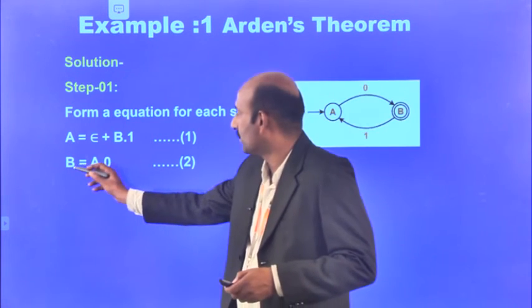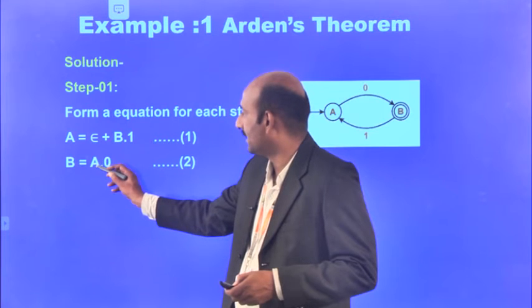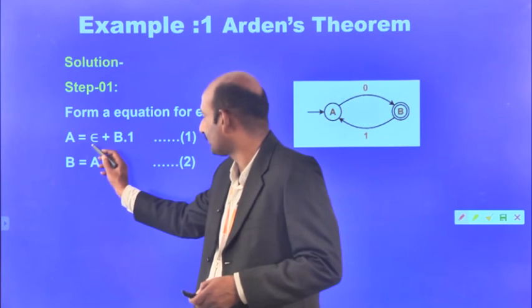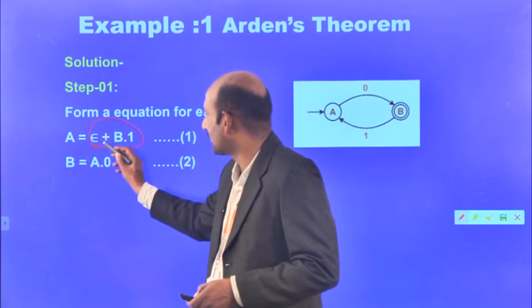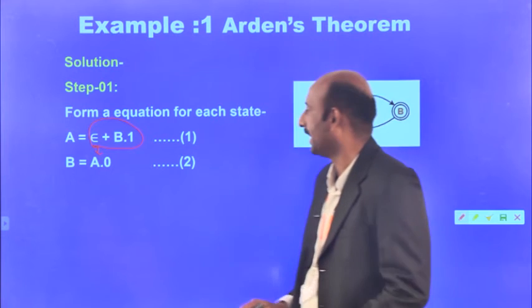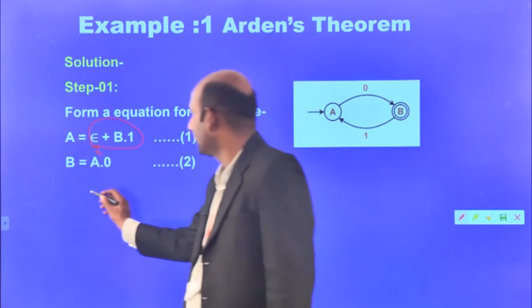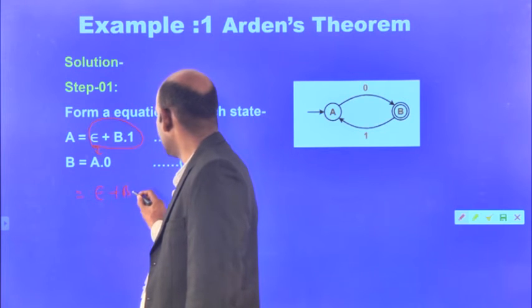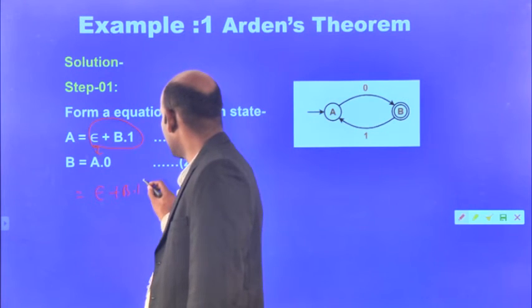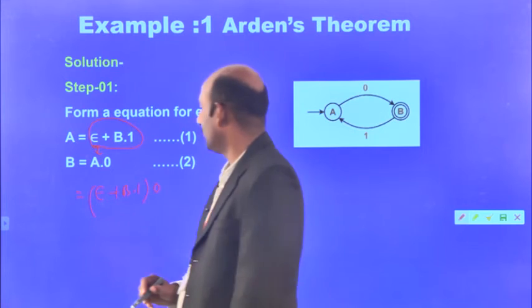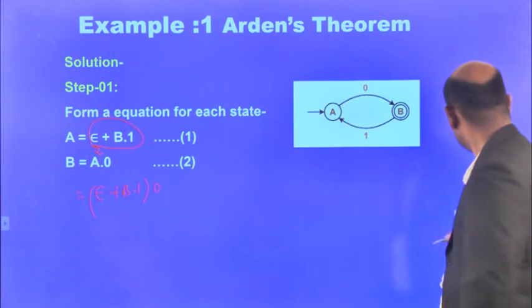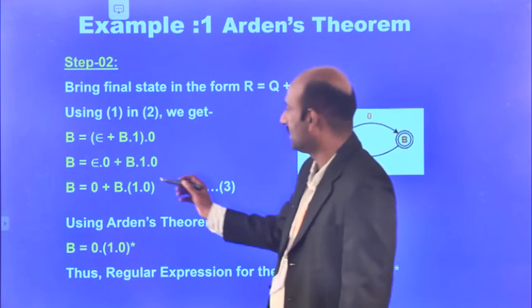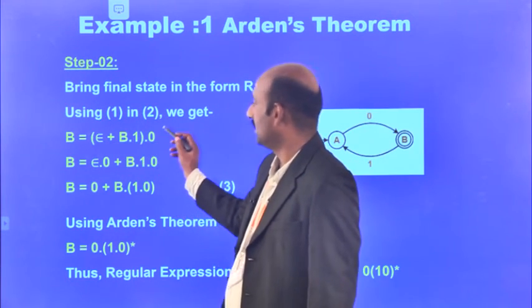Here, instead of A, we can substitute into the place of A. So epsilon plus B dot 1, into 0, we get epsilon B dot 1 dot 0.